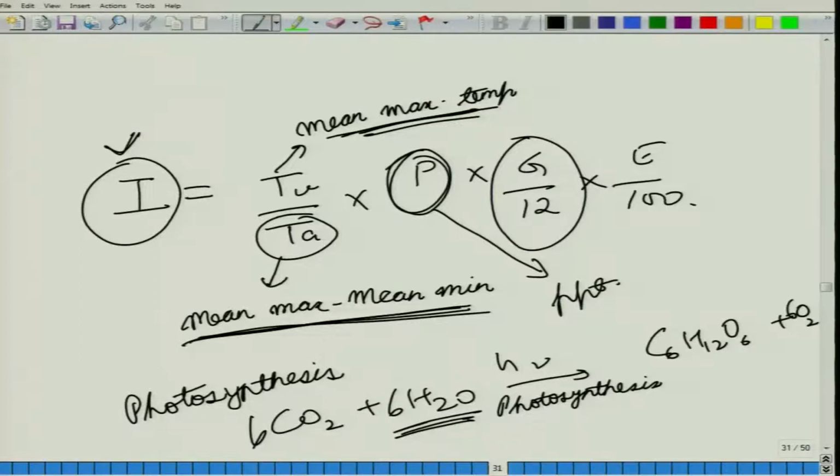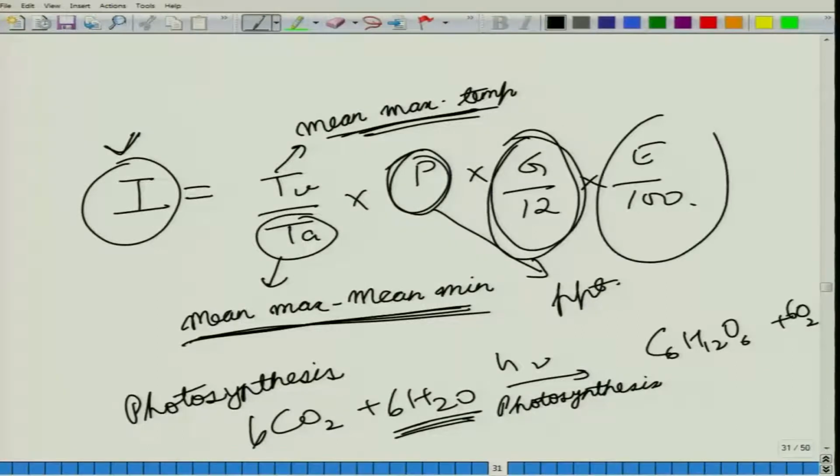So, your plants, in place of growing for only 25% of the time, are able to grow for half the year. This is what your G by 12 value gives you. The last term is E by 100. Now, E is the light factor. In the equation we had h nu, which refers to light.